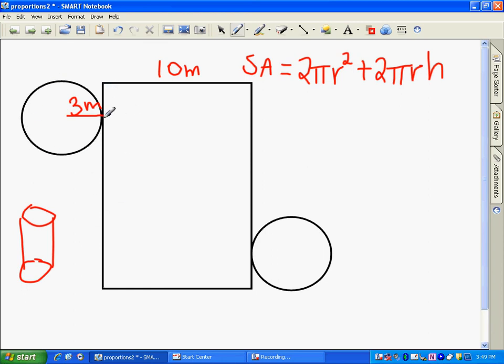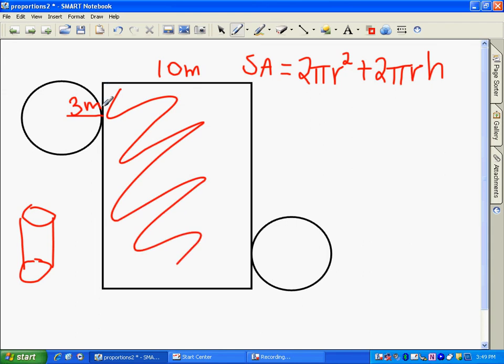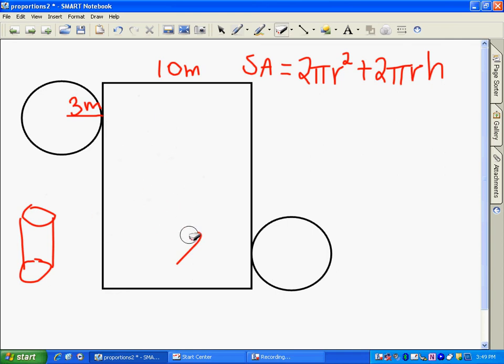Because if we want to find the area of all this, we need to multiply the length of this side times this. Well, this is the height, that's the 10 meters. The 2 pi r is the same thing as the circumference of a circle. So this edge right here is the circumference of the circle, if you imagine it wrapped around and closed. So that's where the surface area formula comes from.